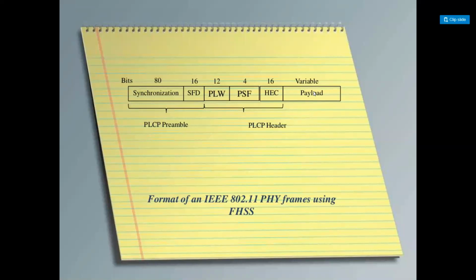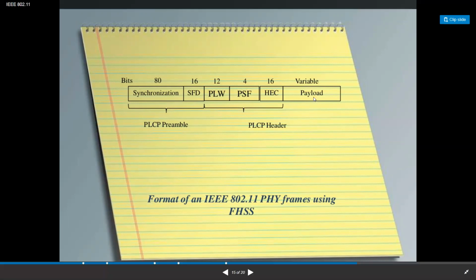So the PLCP header has three fields: PLW, PSF, and HEC. Header error check deals with error control information, detection and correction. And lastly, we have the payload, which is nothing but the data field.